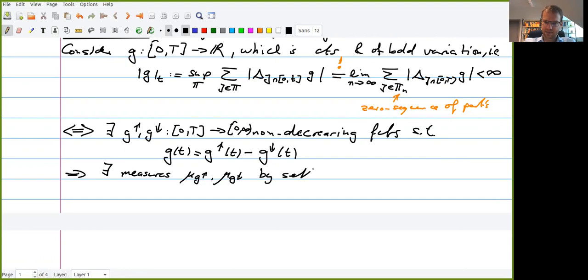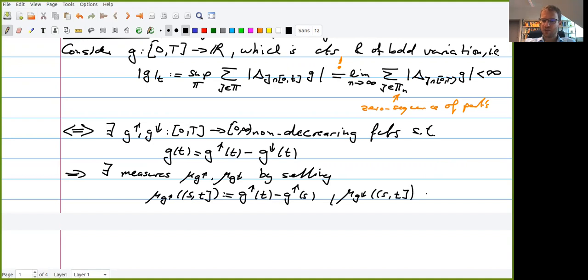So the measure of an interval (s, t] for the upwards movements is just given by the difference of g upwards at time t minus g upwards at time s. And the same you can do for g downwards, and you know this generates your proper measure.